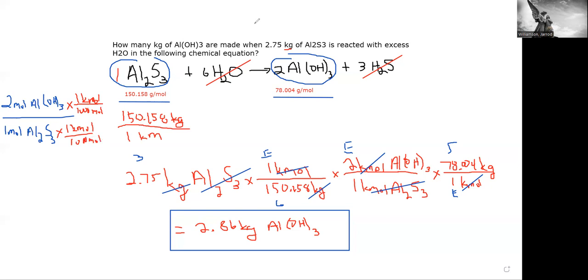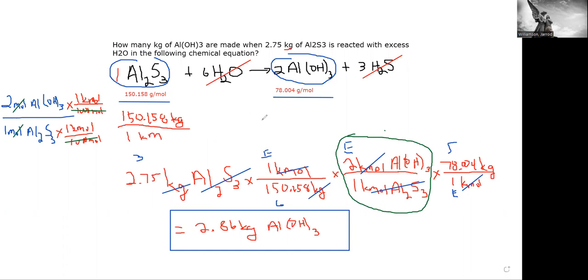I end up dividing by 1,000 on both the top and the bottom, and the dividing by 1,000 cancels out, and the mole part cancels out. I'll end up with this piece right here, where 1 kilomole of Al2S3 is 2 kilomoles of that.